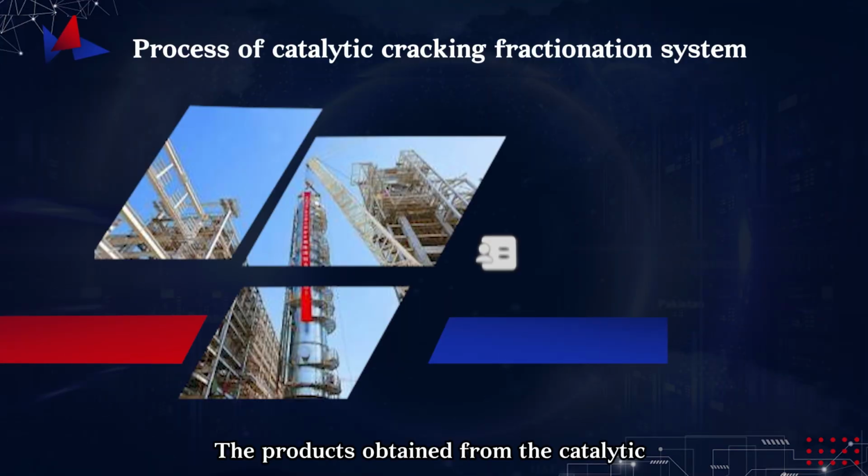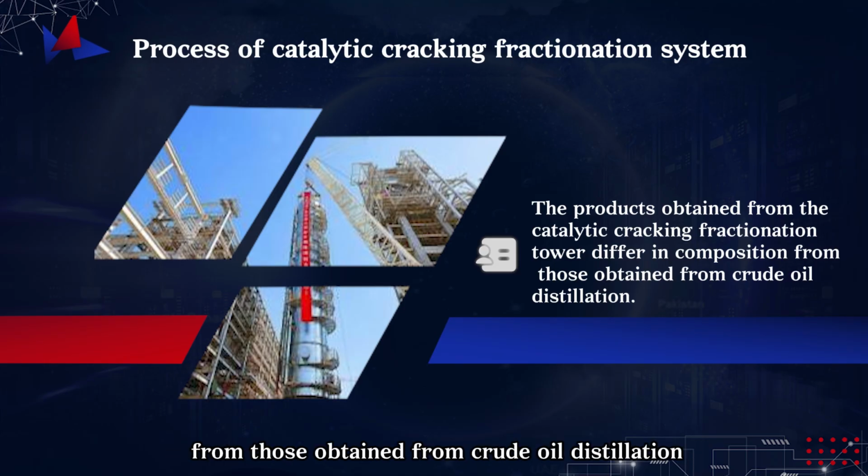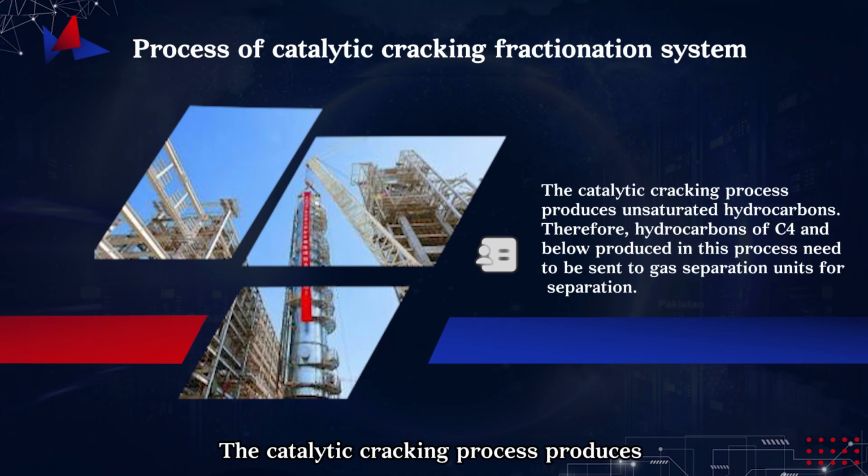The products obtained from the catalytic cracking fractionation tower differ in composition from those obtained from crude oil distillation. The catalytic cracking process produces unsaturated hydrocarbons. Therefore, hydrocarbons of C4 and below produced in this process need to be sent to gas separation units for separation.